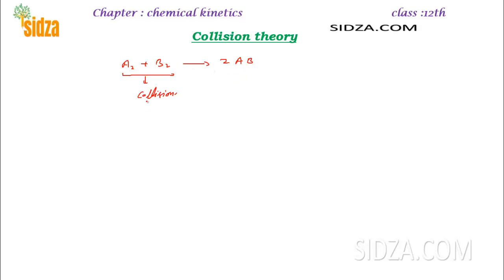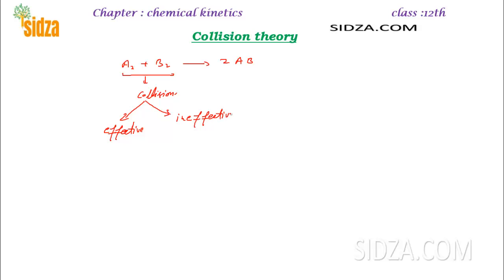But since not every collision forms a product, sometimes the molecules collide and they may not form the product. And sometimes the reactant molecules collide and they will form the product. So that means a collision may be effective or ineffective, right?